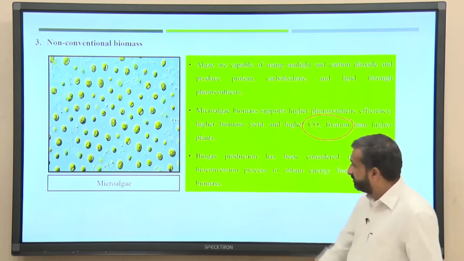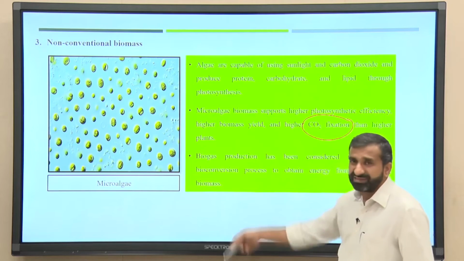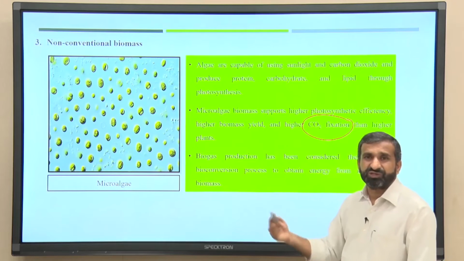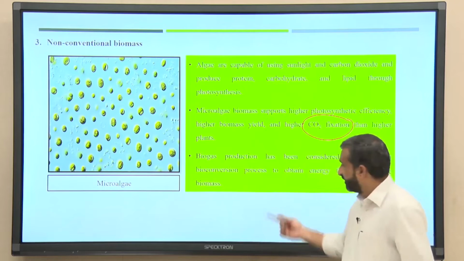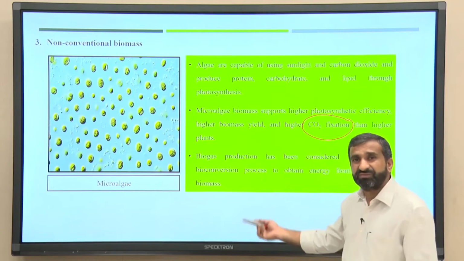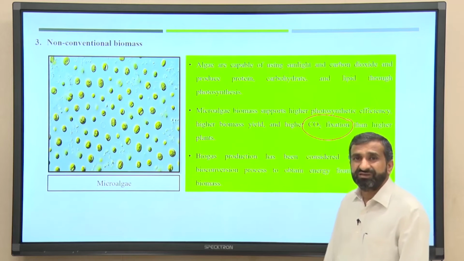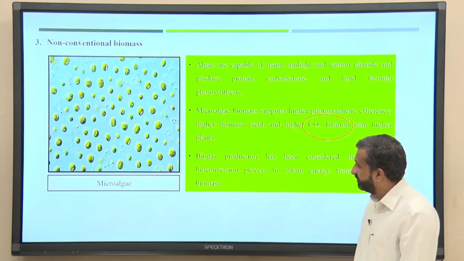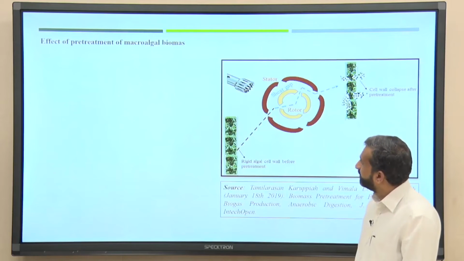Normally we use the microalgae, but once it has taken up a large amount of carbon dioxide, it has to be disposed of. So, rather than disposing of it in a landfill area, we can use it, and this is one of the simplest processes for getting benefit from the disposal of this kind of microalgae.